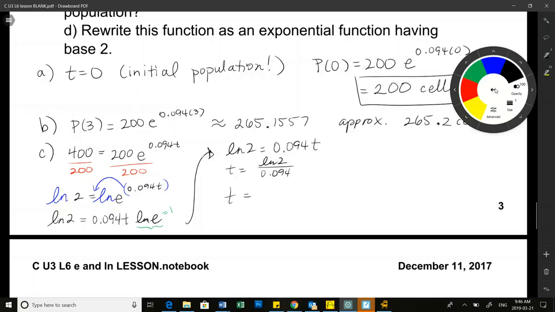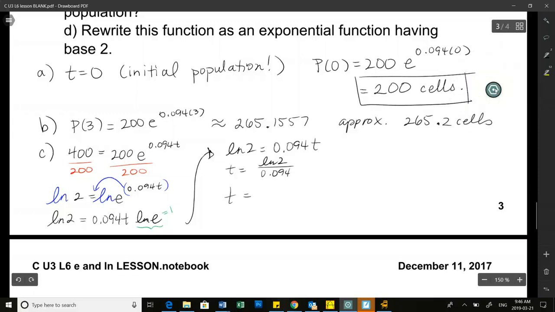What did we get here? Sorry, was that 7.37, did you say? 37. Okay, that's good. So what are we measuring time in here? Days. Okay, so approximately 7.37 days.